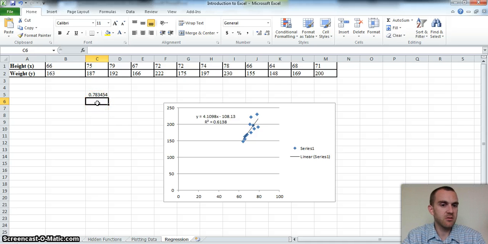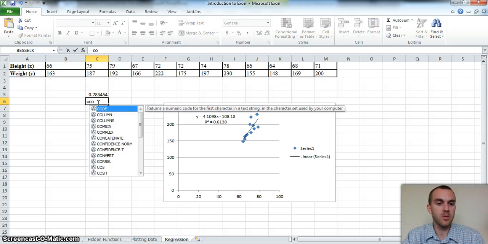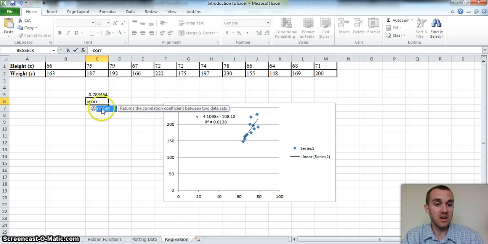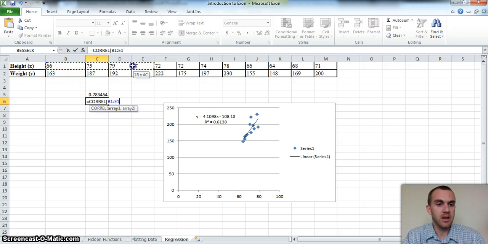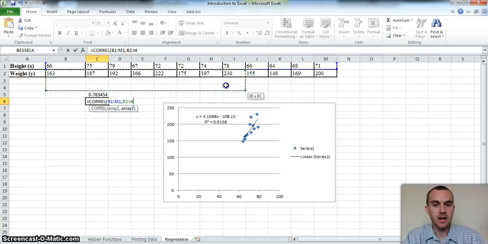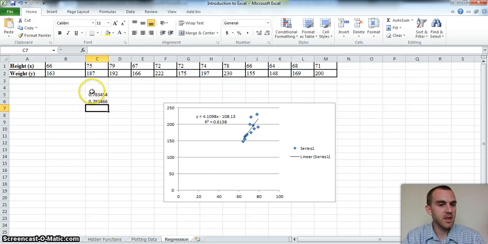So about 78 hundredths. Now Excel will find a correlation for me if I use the formula CORREL. And I can highlight my x's, comma, highlight my y's. And you can see they come out pretty close, but this is more accurate.